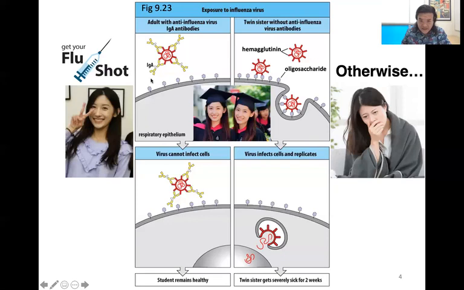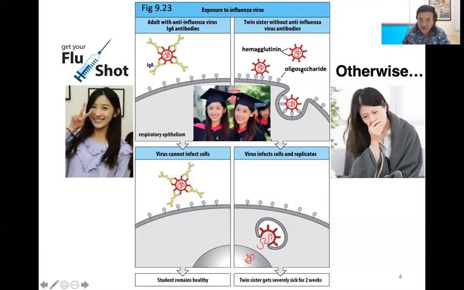Her body selected for B cells that made IgA, and those are now part of her memory B cells, so that when she breathes in the real influenza virus, the flu virus here, her body starts producing high quality IgAs that bind to and neutralize the virus. And as a result, the virus is not able to gain entry into the cells of her respiratory system, and the vaccinated sister remains healthy.